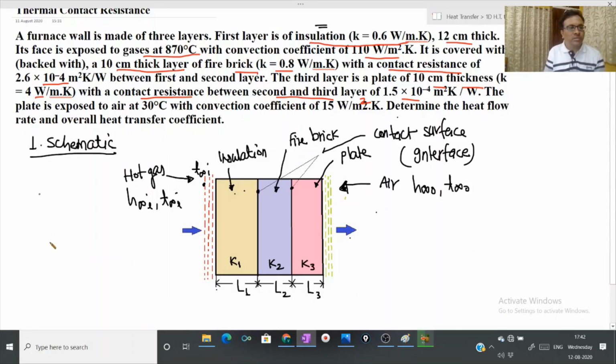Here T infinity i is greater than T infinity o, as mentioned in the problem itself.